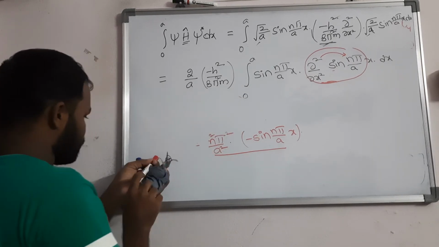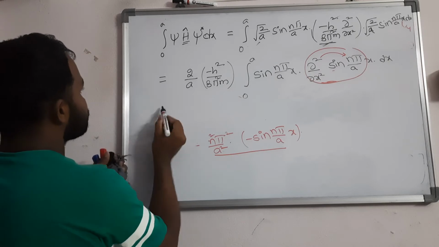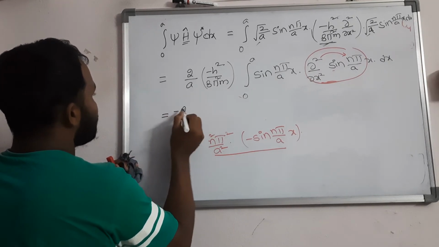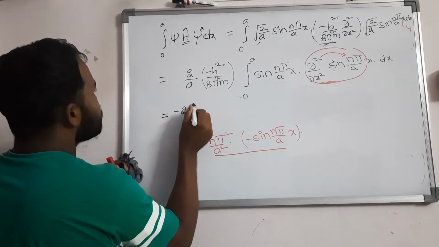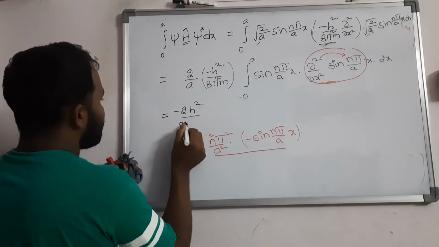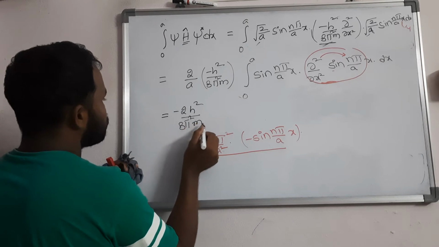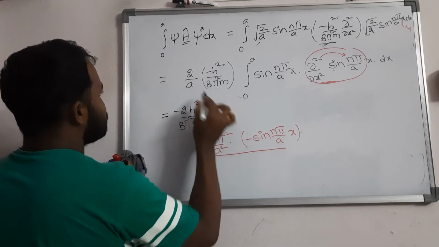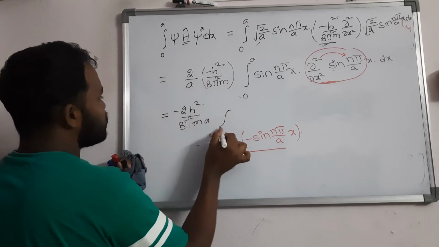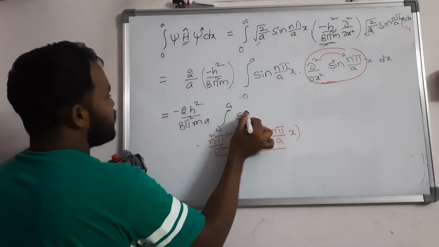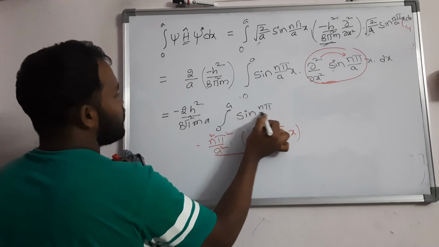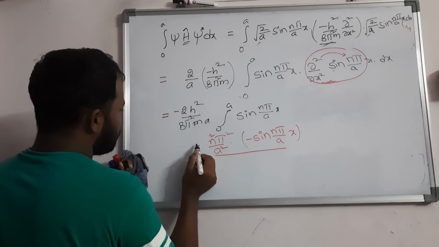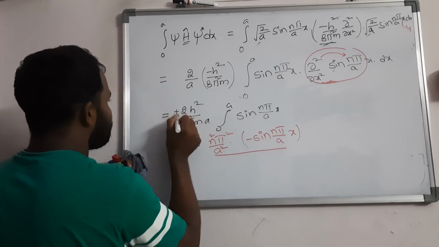What is the value of this? 2 into, minus h square by 8 pi square m into a, you should write, otherwise, as it is, 0 to a, sine n pi by a into x. This is as it is. What is the value of this? Minus into minus plus you will get.